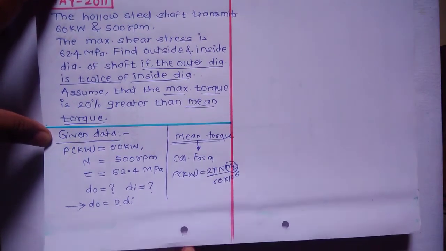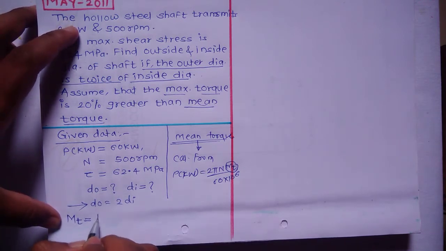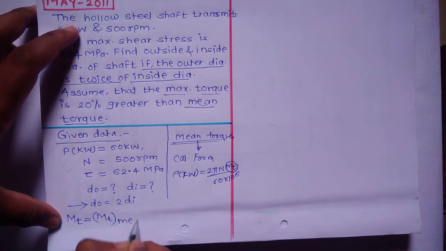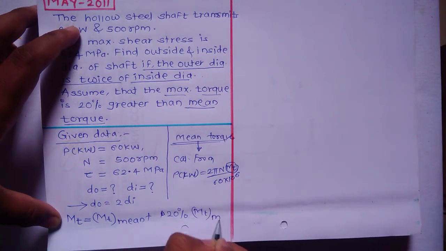So we can write this maximum torque as MT only. It is 20% greater than the mean torque, so MT mean plus 20% of MT mean.